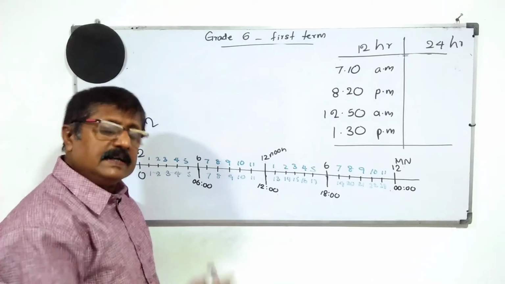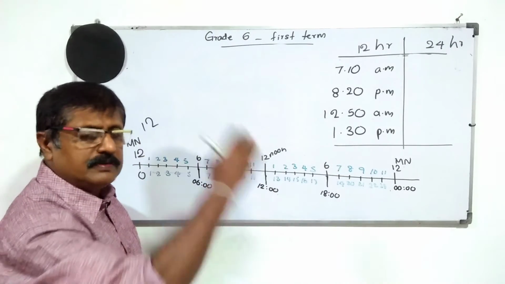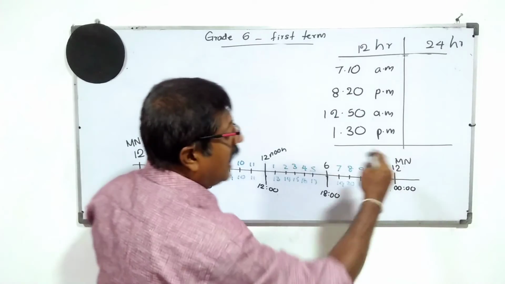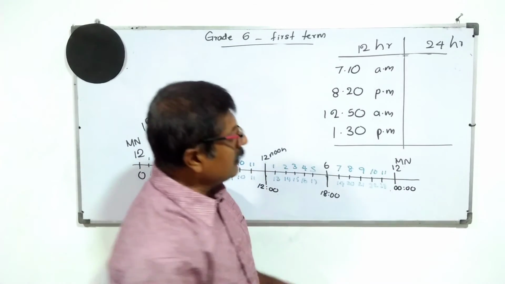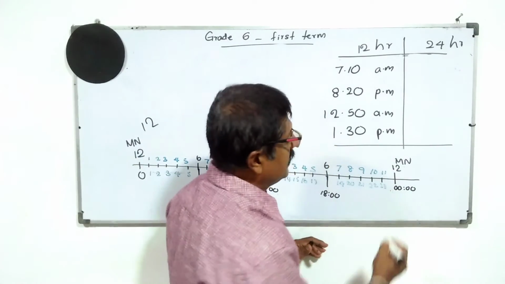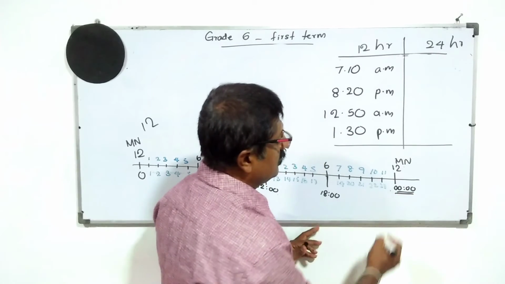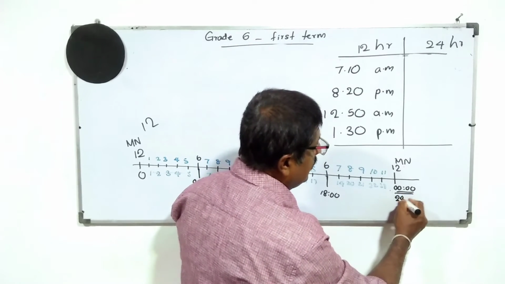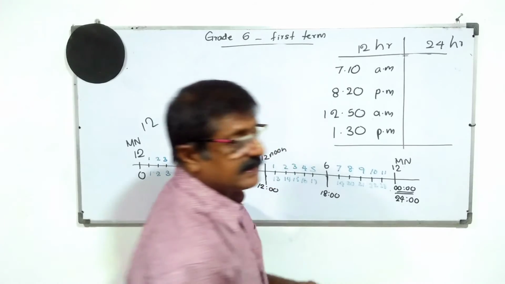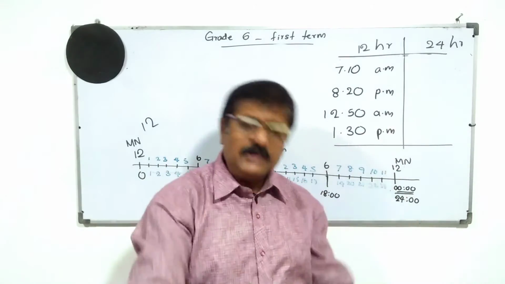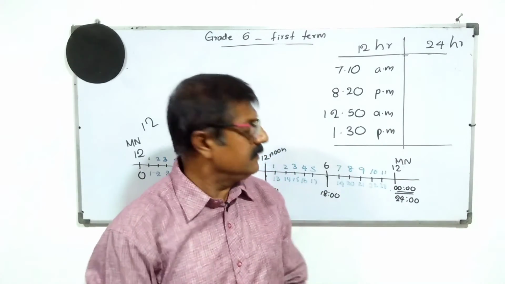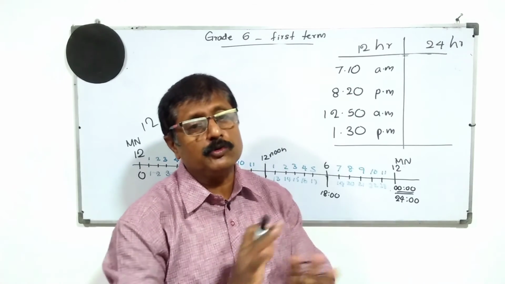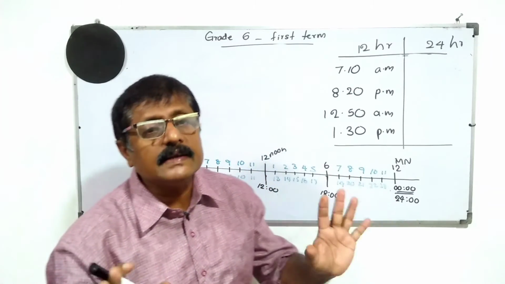After 12, it continues in the same manner, 13, 14, up to 24. But usually we don't write 24, instead we write 00. But if we happen to write the time at the end of the day, the time is 24. But usually we don't write it.